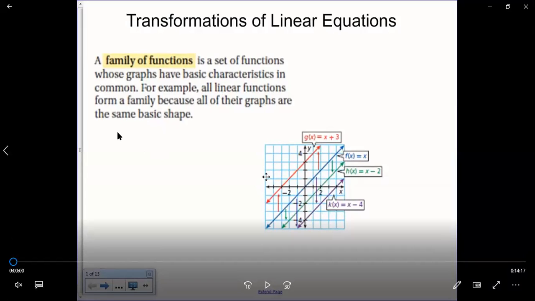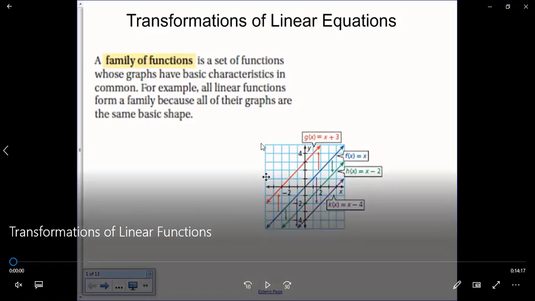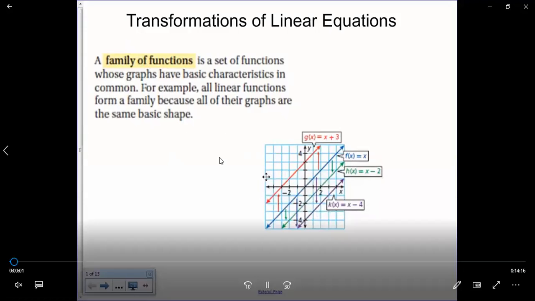For example, all linear functions form a family because all of their graphs have the same basic shape. So a group of functions is called what? A family of functions.